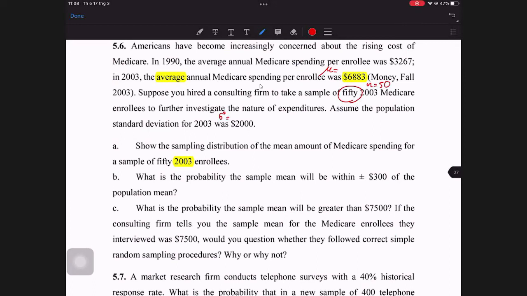Okay. So remember that in this case, we have n equal to 50, greater than 30. So according to the central limit theorem, the values of X bar, the sample mean here, is approximately normal.